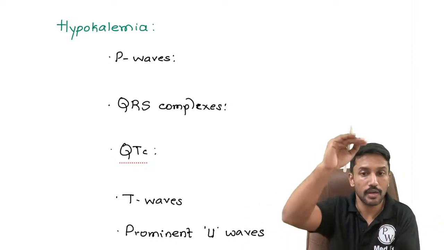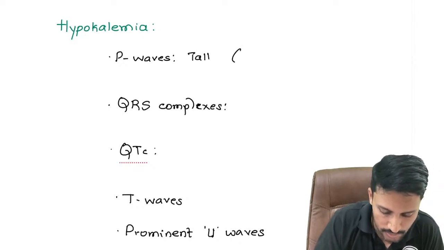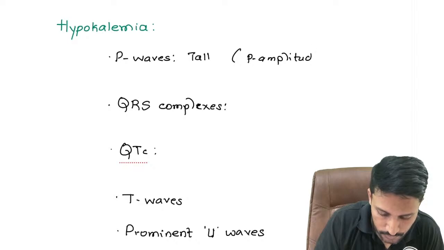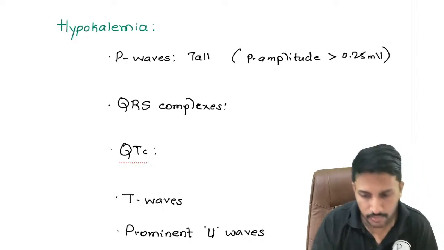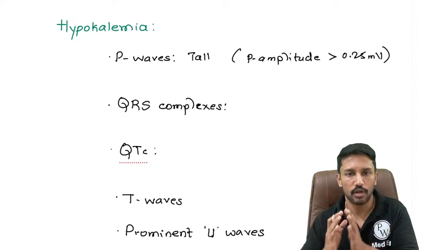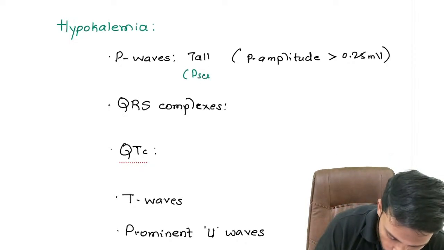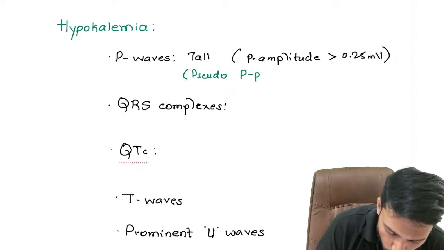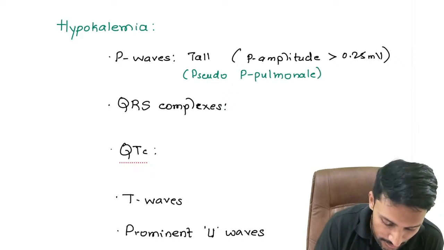Here the P wave will become tall. When do you call it as tall? When the P wave amplitude is more than 0.25 millivolts, which is nothing but more than 2.5 small boxes. And this condition we call it as pseudo P pulmonale. Remember, the tall P waves usually indicate right atrial hypertrophy.